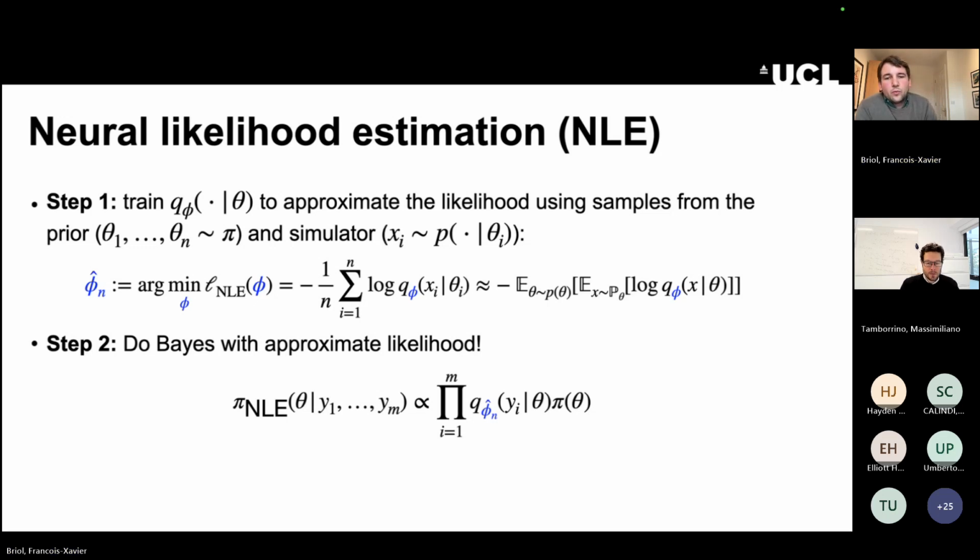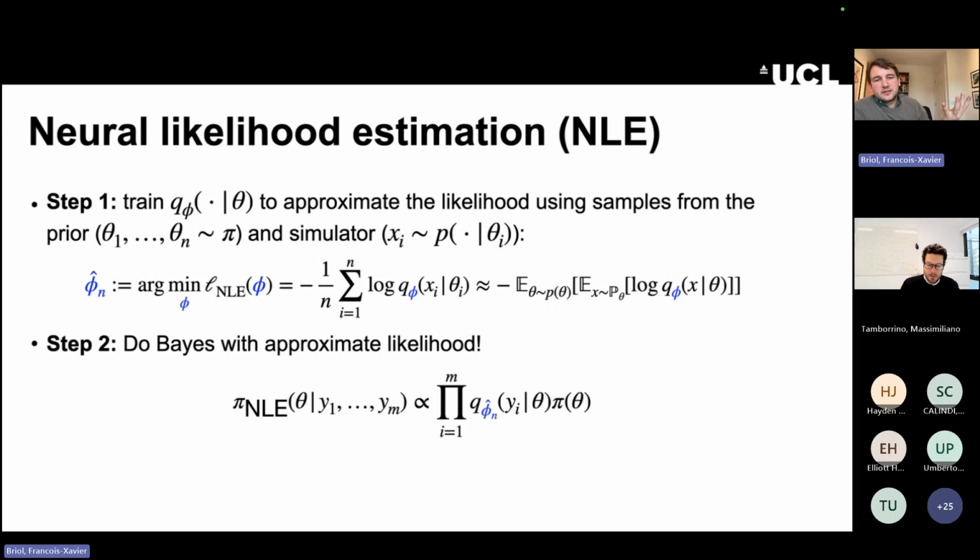Okay. Now, once you've done this, you've found a good estimate for phi, which I'll call phi hat n. What I can do is just go and do Bayes. I get an approximate posterior, which I obtain by starting with the same prior I was going to use. But instead of updating with my likelihood, which I don't have because we're doing SBI, I'm using my surrogate of the likelihood, the normalizing flow that I've trained at step 1.